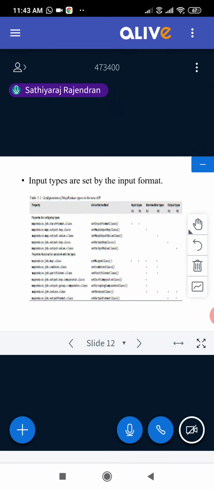So these are a set of input types which are supported in the input format. It may not be clear, but I can share the slides and the textbook where you can see them. Input types are set by input format.